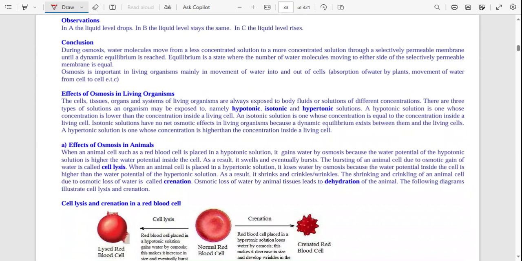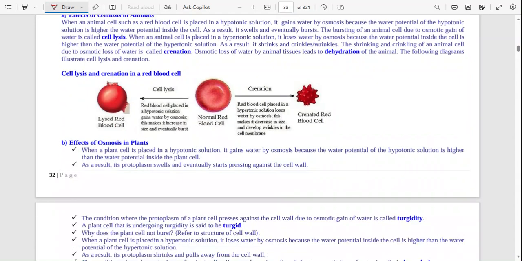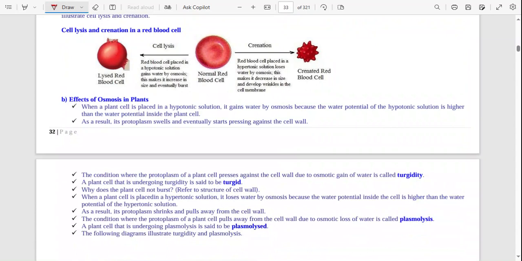Now, osmosis does affect living organisms. Depending on whether you're talking about plants or animals, osmosis will be able to give its effect.